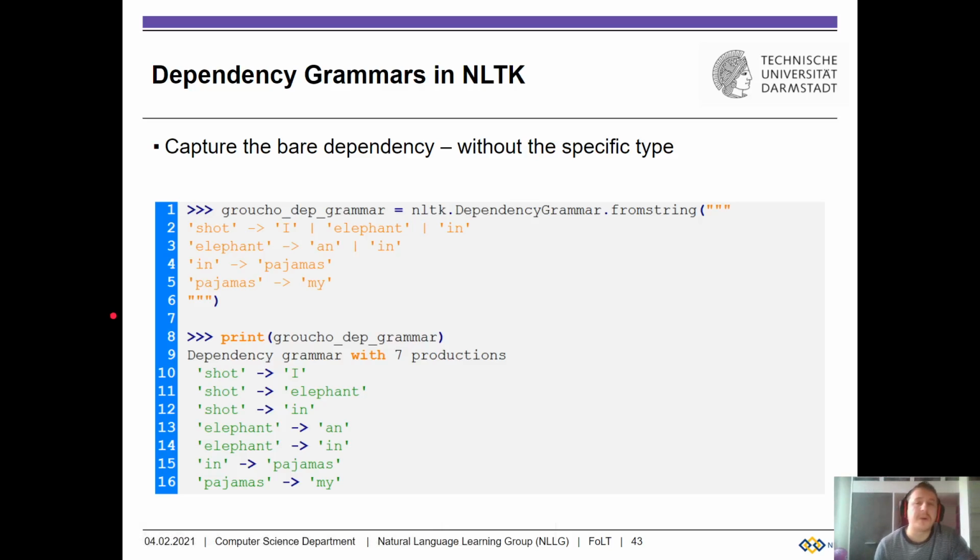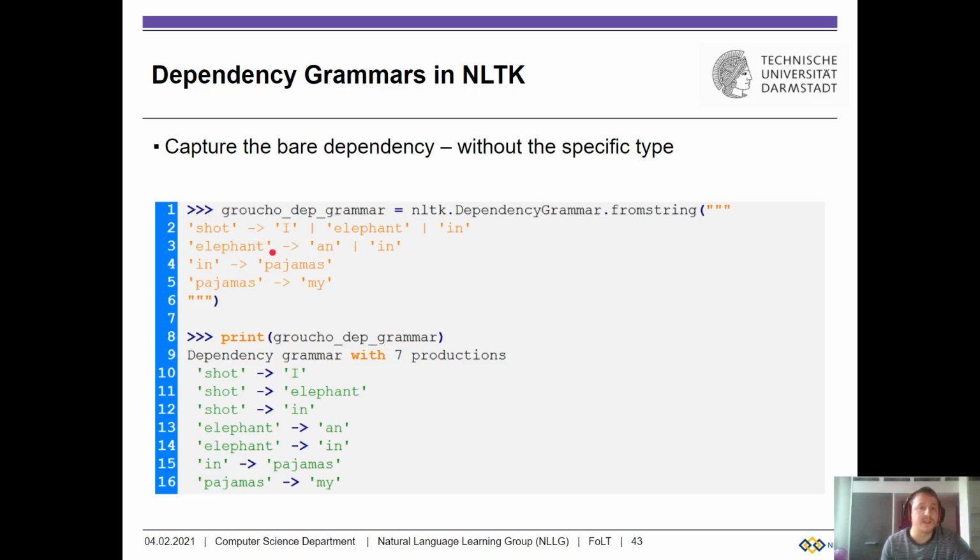So how do we parse in NLTK, how do we parse a sentence into its dependency relationships? Similarly as with the context-free grammars, we can specify our grammar directly by giving which words may stand in a head-dependent relationship.